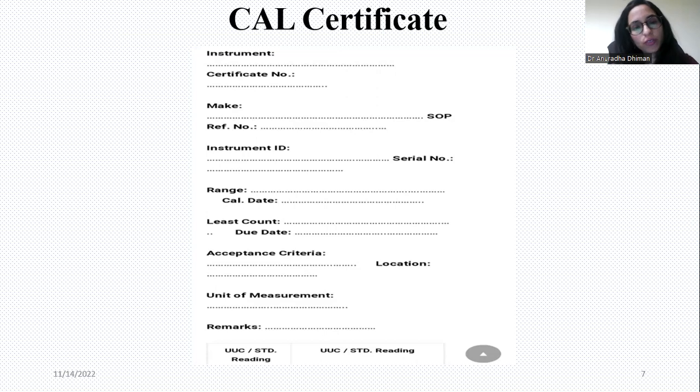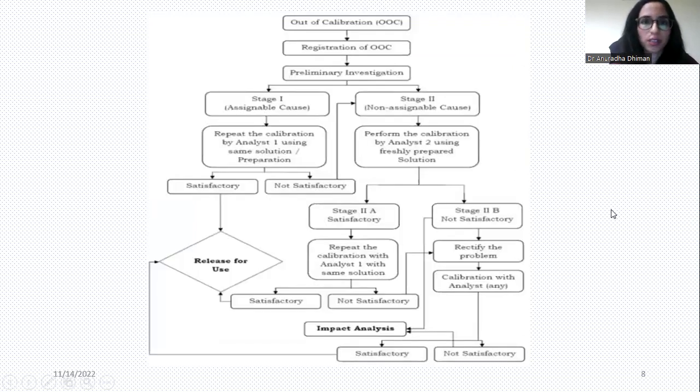Fine. For example, if next I weigh anything, I need to subtract the 1 mg for each product. Fine. After that, I need to mention here the acceptance criterion, then the unit of measurement, and in the last, we need to mention the remarks.